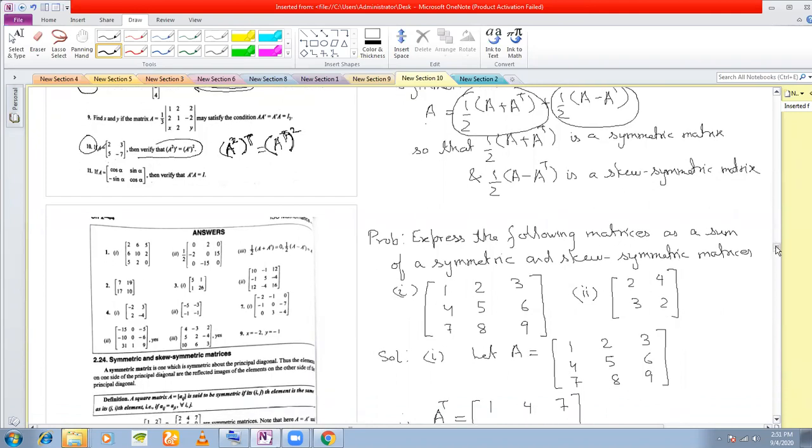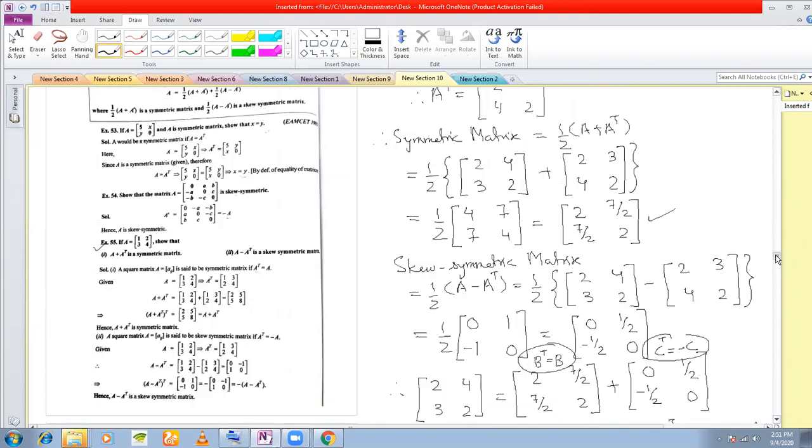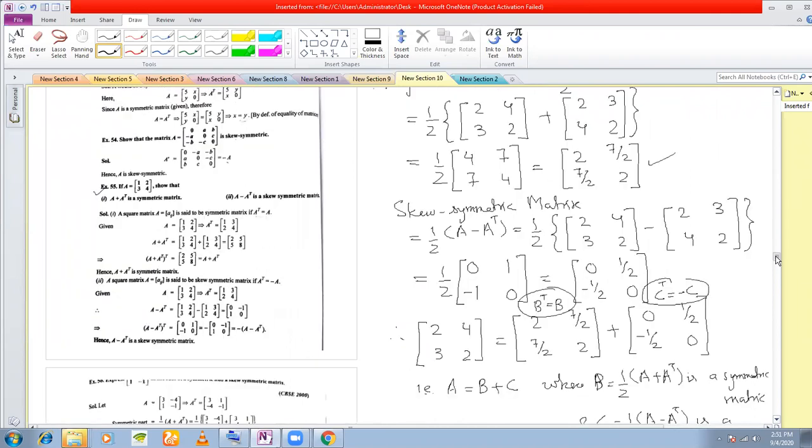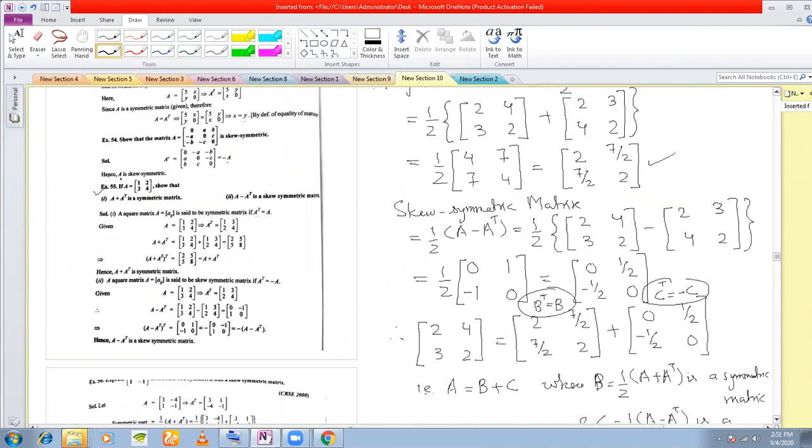Let us see symmetric and skew symmetric matrices. There's an exercise on symmetric and skew symmetric matrices. You go through this. Number 55. If A is equal to this, show that A plus A transpose is a symmetric matrix.